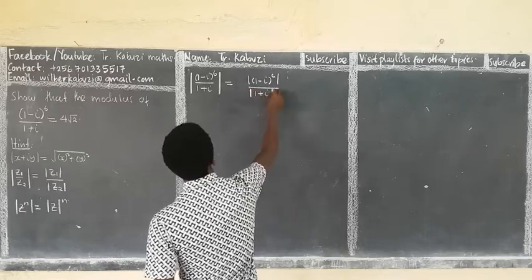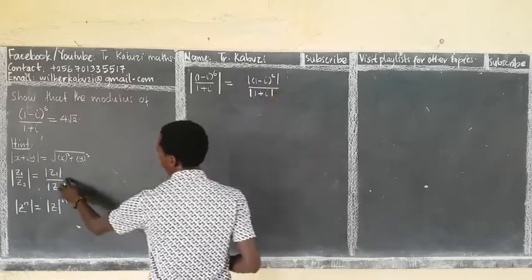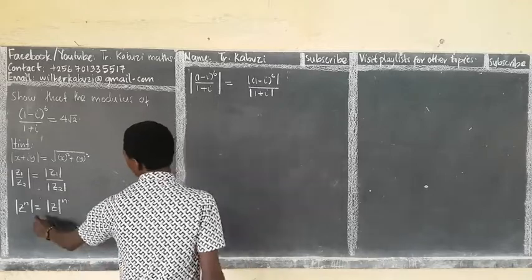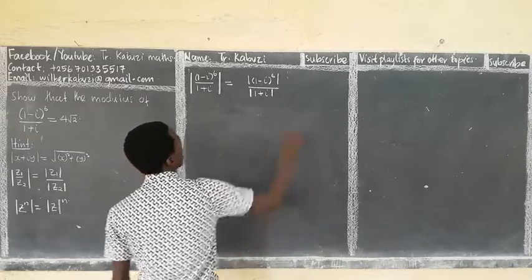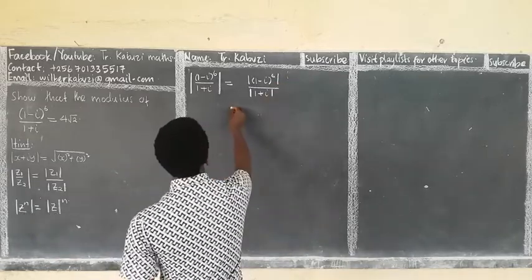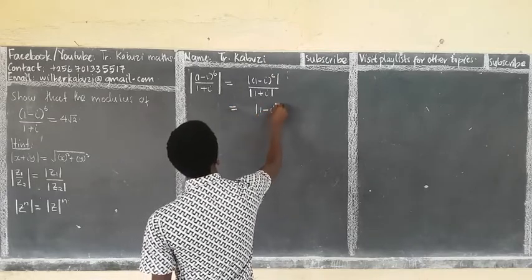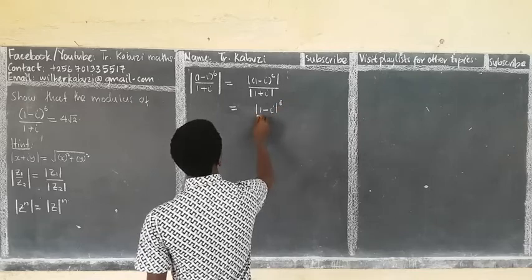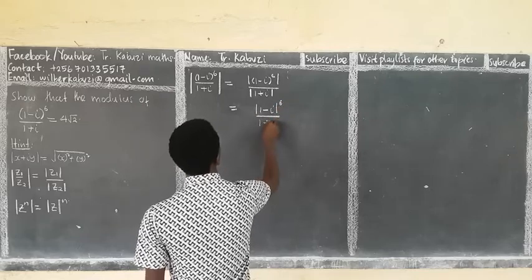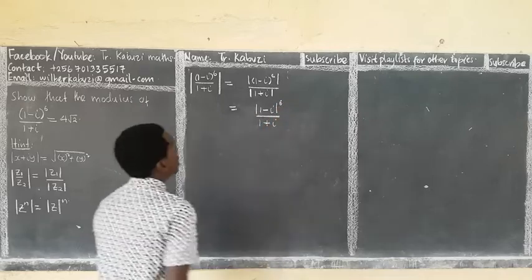So I've applied this property here. Then I'm going to apply this property specifically on the numerator, so this will be the same as the modulus of 1 minus i, the whole to the power 6, over the modulus of 1 plus i.